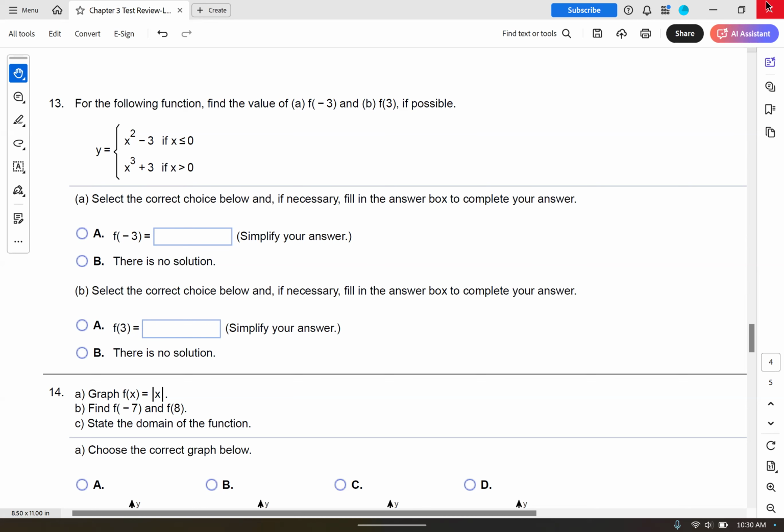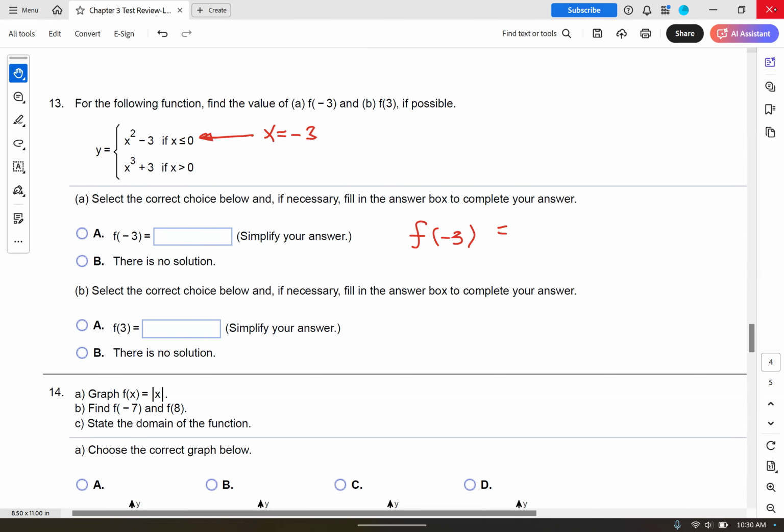Select the correct choice below, and if necessary, fill in the answer box to complete your answer. Then what's f of negative 3? You either use the x squared minus 3 or the x squared plus 3 to find the y value. What is it? Do you use this one?